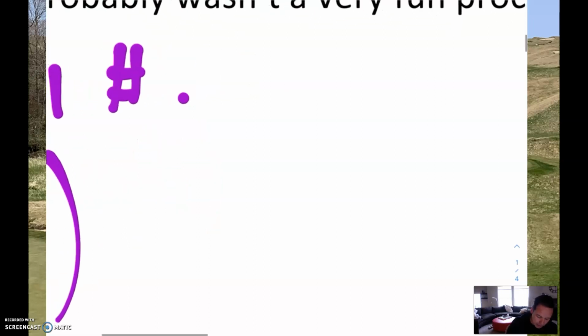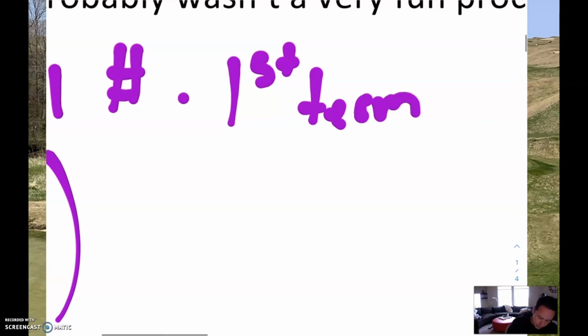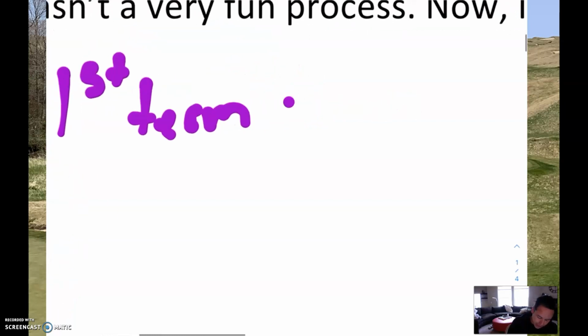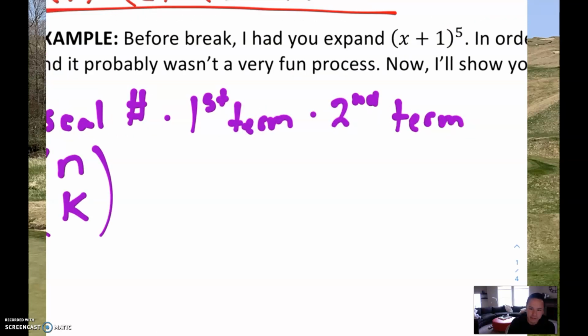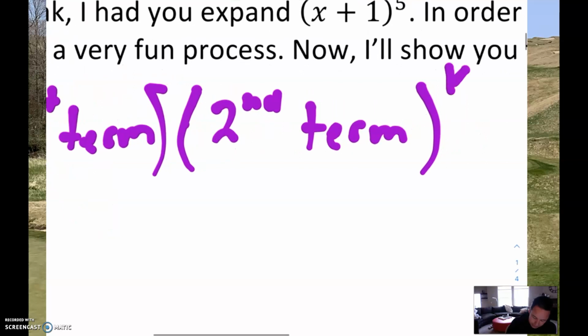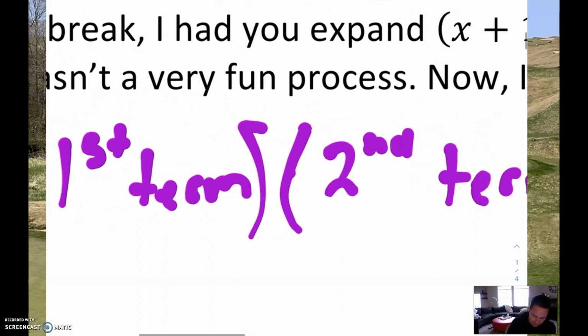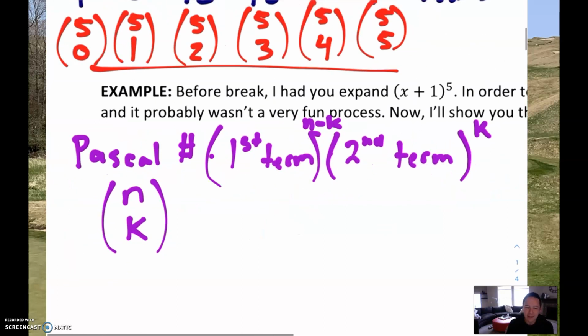And then it's going to be multiplying the first term, and you're going to have the second term, and there's going to be some exponents that go on the first and the second term. So the second term will get raised to the k power, and the first term gets raised to the n minus k power. That might not make much sense to you right now, but when we start dealing with numbers, it'll probably make a little bit more sense.